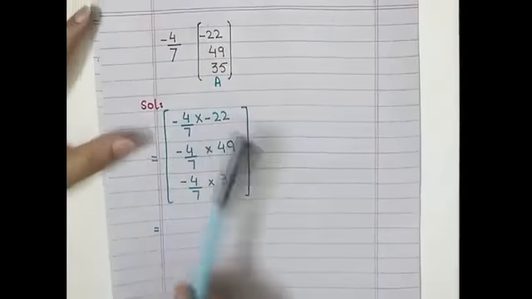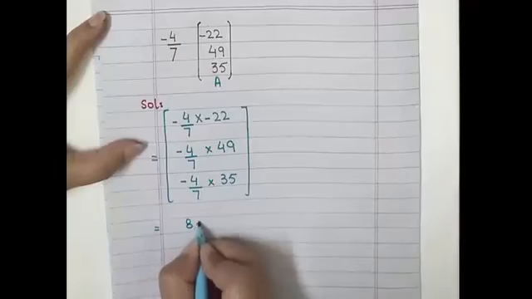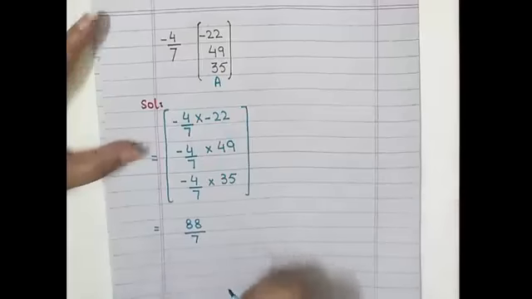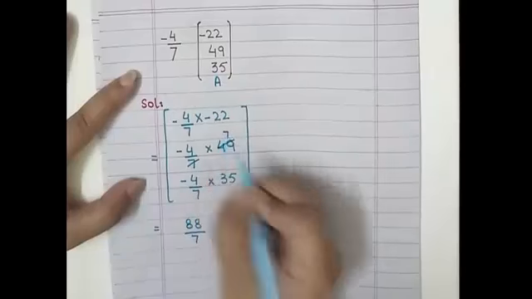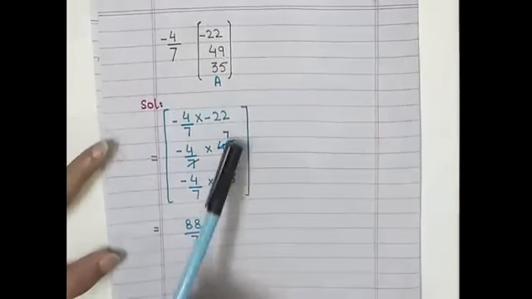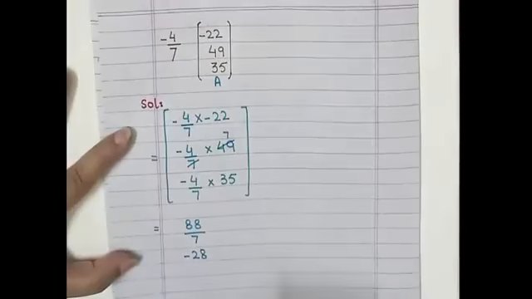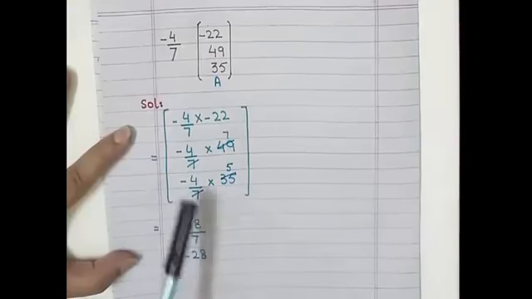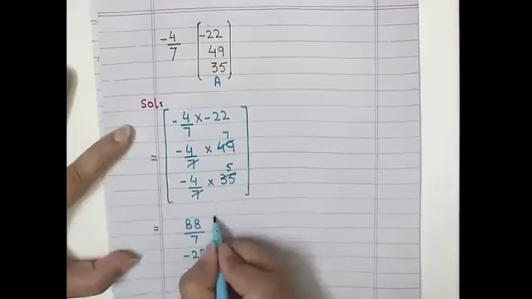Right? So 4 into 22 is 88, and minus minus is plus. So 88 over 7. Then 7 sevens are 49, so 7 fours are 28. Here we have 7 fives are 35, so 4 fives are 20 and a minus sign.